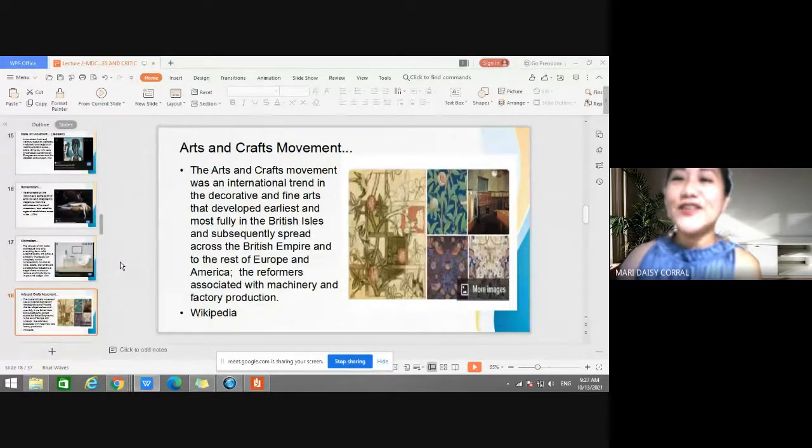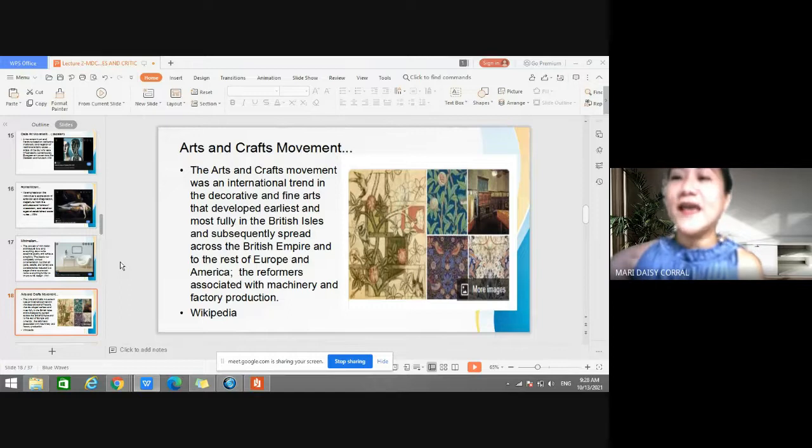Okay, so we move to the arts and crafts movement. It says here the arts and crafts movement was an international trend in the decorative and fine arts that developed earlier and most fully in the British Isles and subsequently spread across the British Empire to the rest of Europe and America. It is associated with machinery and factory production.